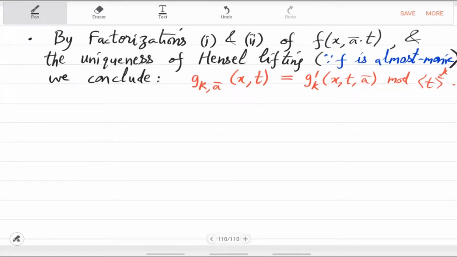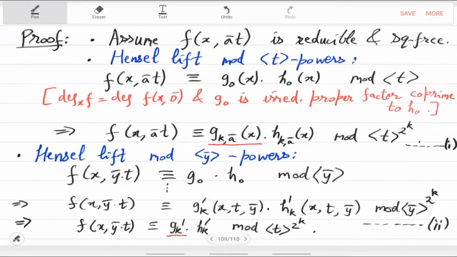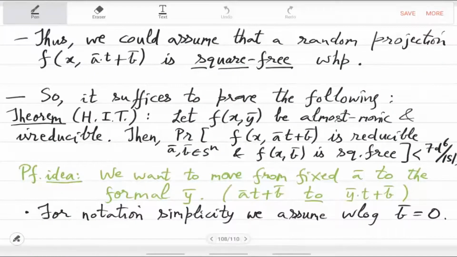But still we are not really done, right, because this factorization, or this gk prime, is happening only mod t raised to 2 raised to k. What does it tell us about f? Remember that in the original theorem statement, we have to say something about f, whether f projected being reducible implies that the original f is reducible. So we have to now move to the original f.